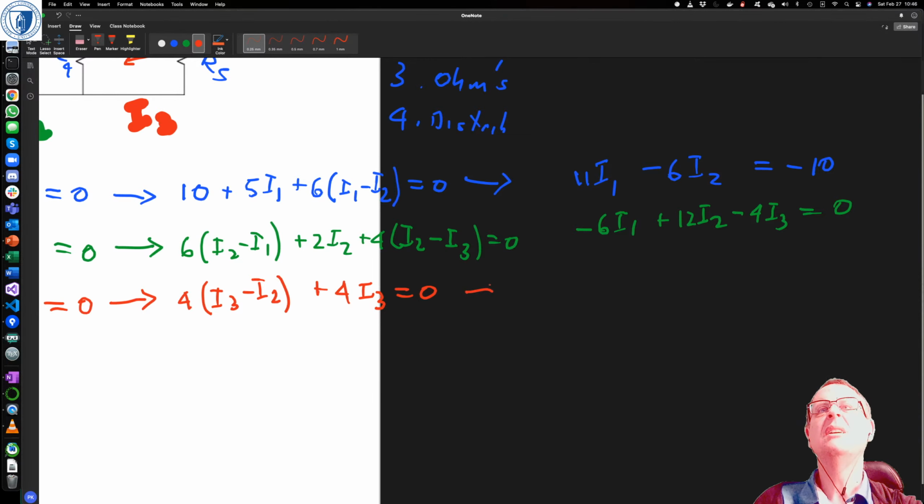And then this one, there's no i1, there's a minus 4i2, and there's an 8i3, and again there's no constant, so it's 0. So then we can just write that out, and I'll write the full matrix equation.